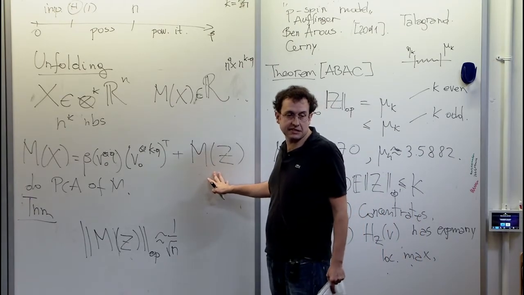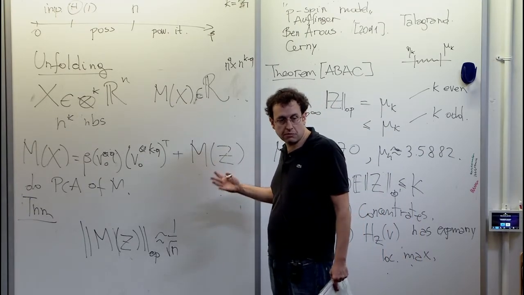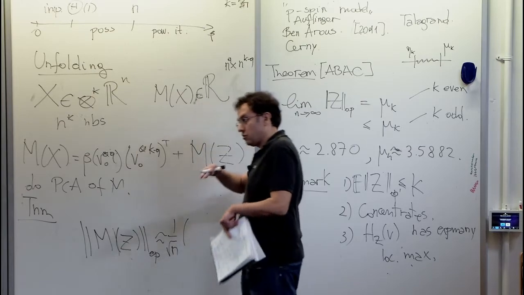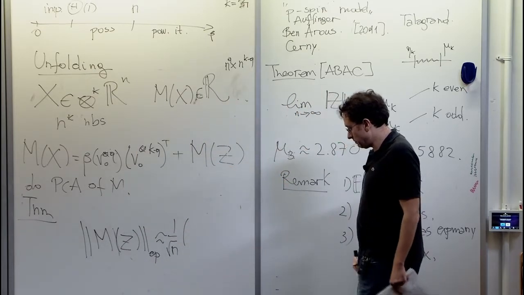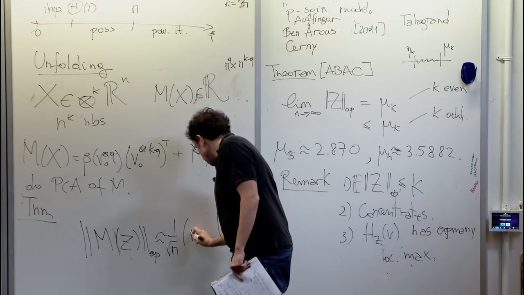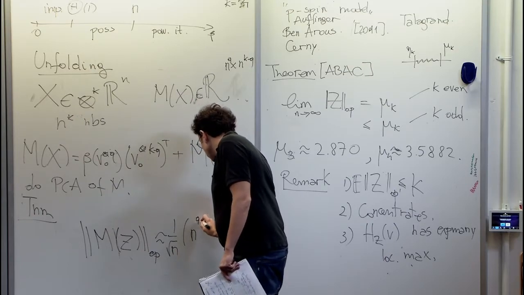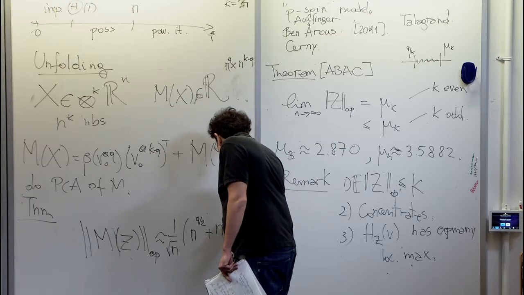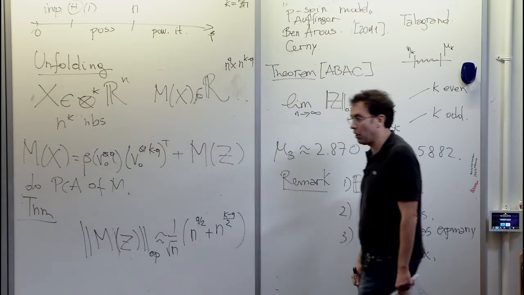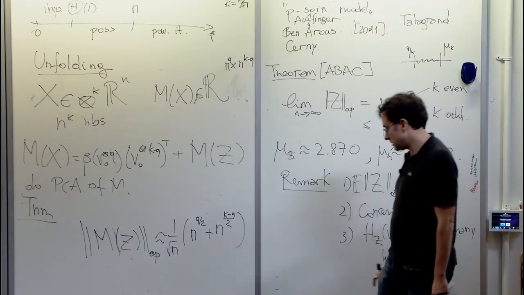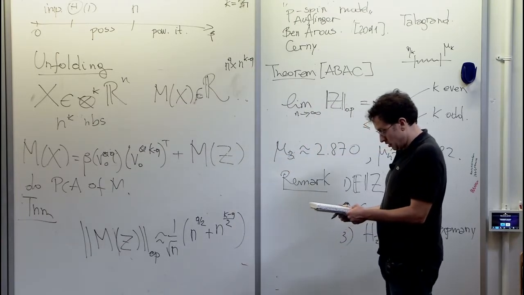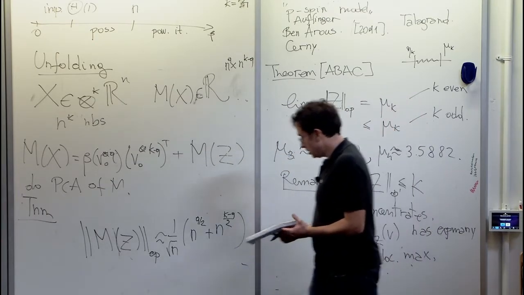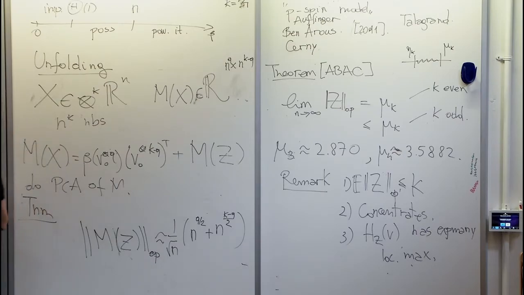This matrix doesn't have IID entries, of course, but you might hope that, because of symmetry, the same works. So this means n to the q over 2 plus n to the k minus q over 2. In fact, this heuristic is true up to constants. Okay, so what does this imply?